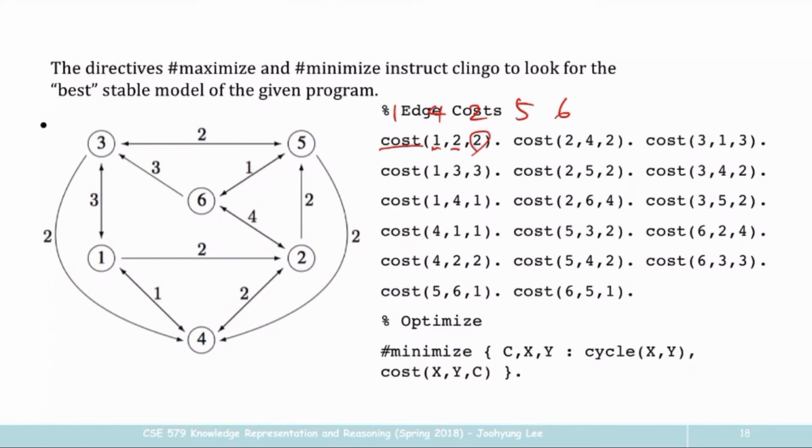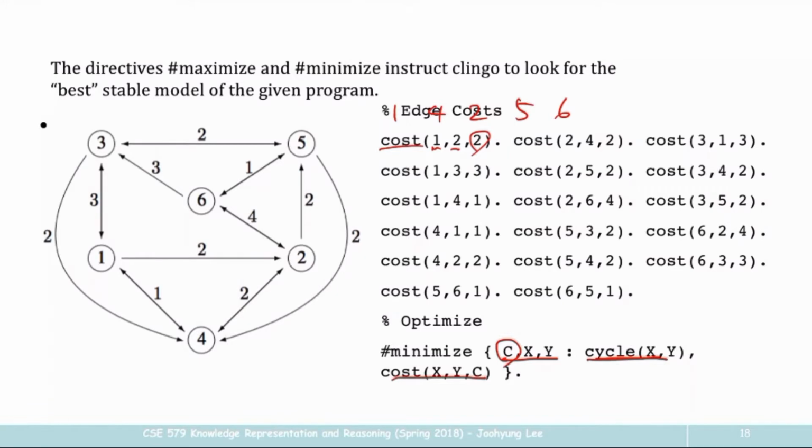It will try to find the pairs C, X, Y, and here this is like the cardinality constraint, but we want to actually minimize the cost. So finding all paths in the Hamiltonian circuit. Let's say this part is appended to the program that I showed before.